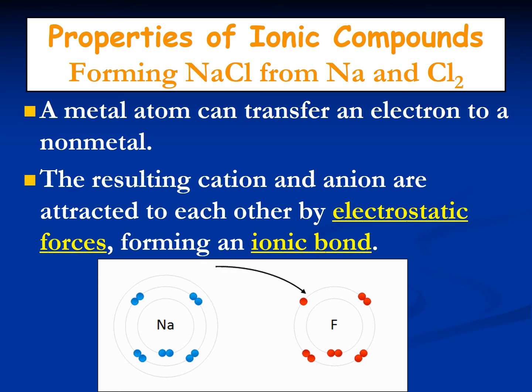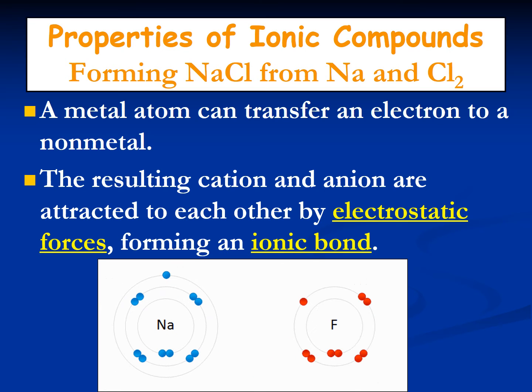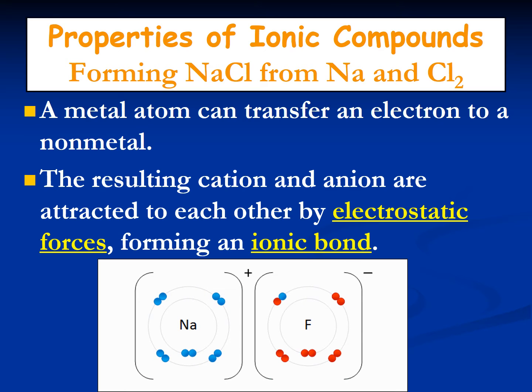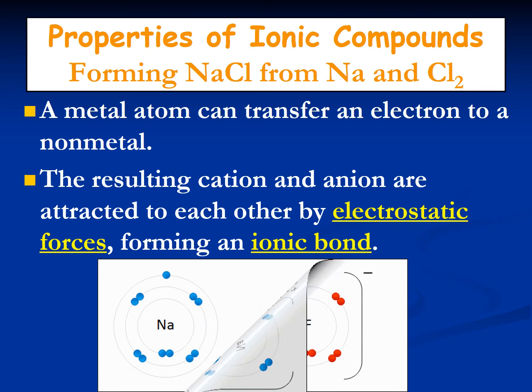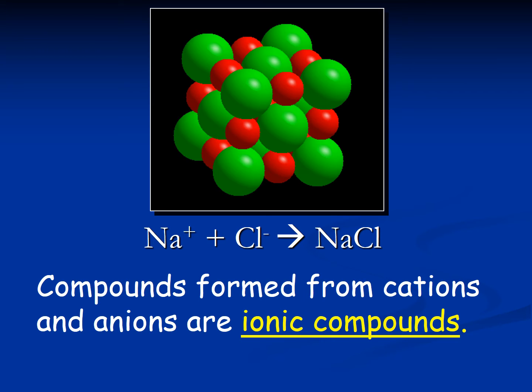The resulting cation and anion, in other words, are electrostatically attracted by forces known as Coulombic forces, and it forms what we call an ionic bond. So, compounds formed from cations and anions are referred to as ionic compounds.